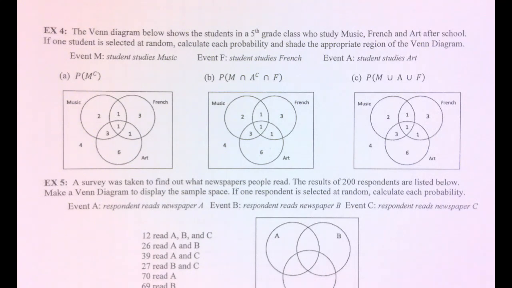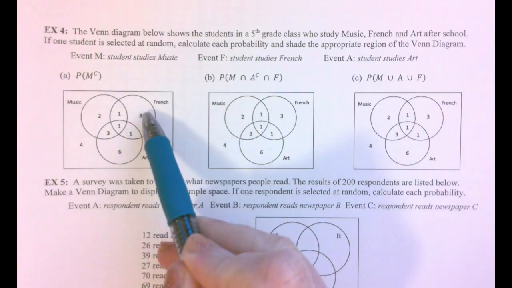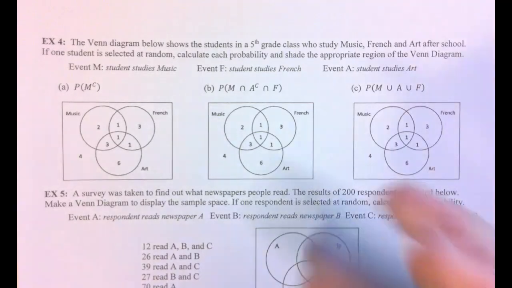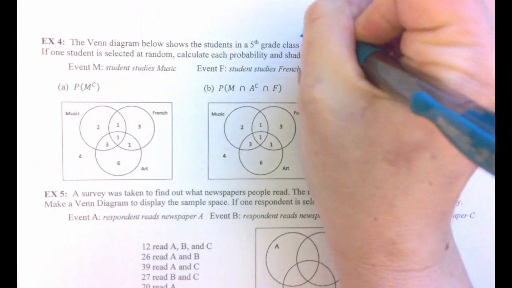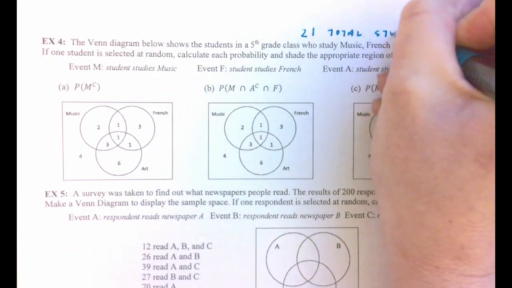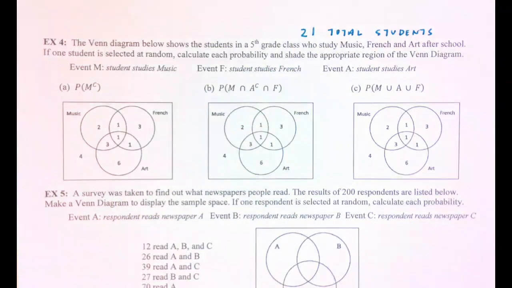So what's important to note in all of these, if I add up all of these numbers and all of these parts of the Venn diagram, there are 21 total students. Let me tuck that detail at the top. Okay, so 21 total students.